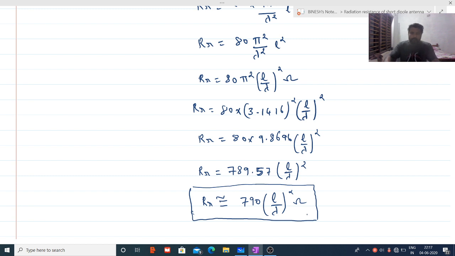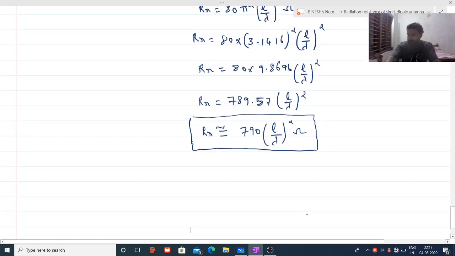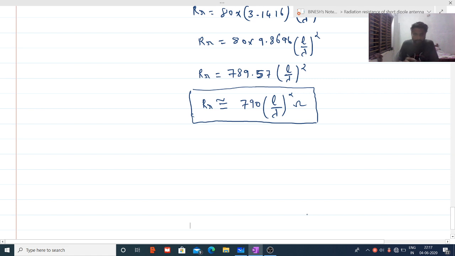That we can also write in the conclusion portion.